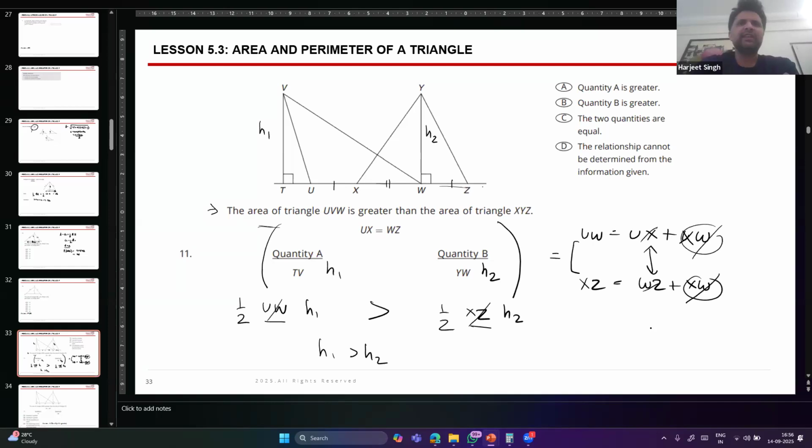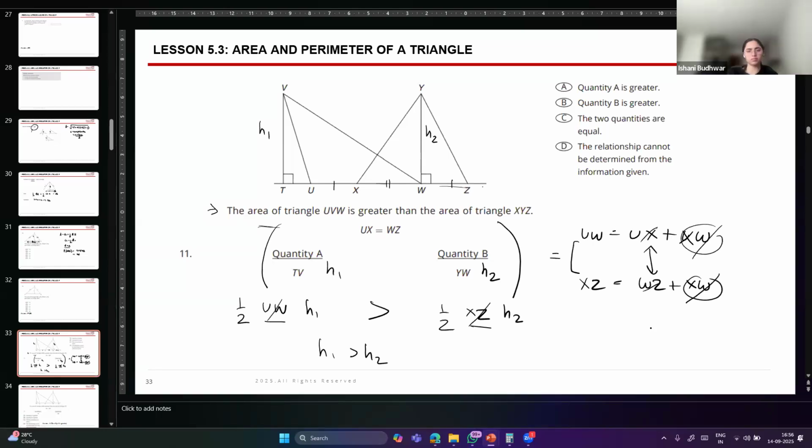So we used the area of triangle setup as half base into height. And then the relationship between the areas of the triangles was given. And somewhere we found that the bases are also equal for the two triangles, which means the heights will correspond to their areas in relationship.